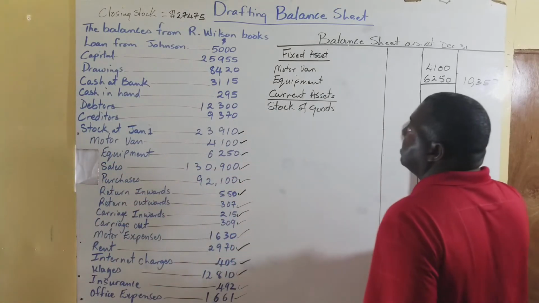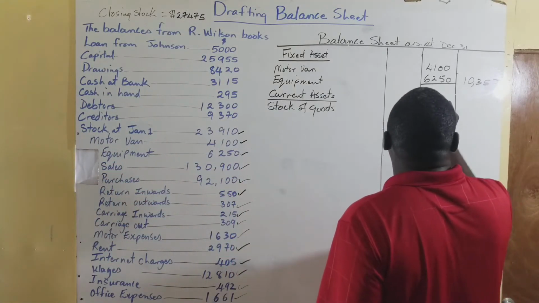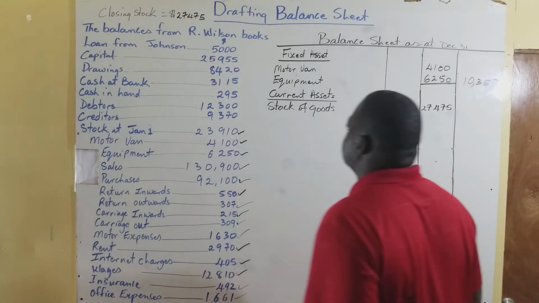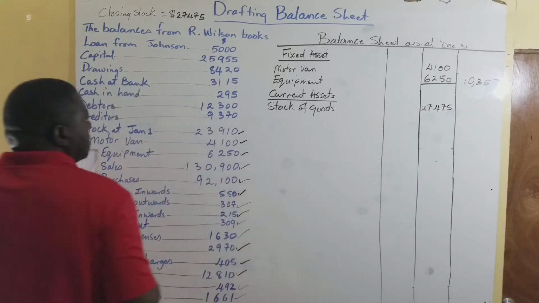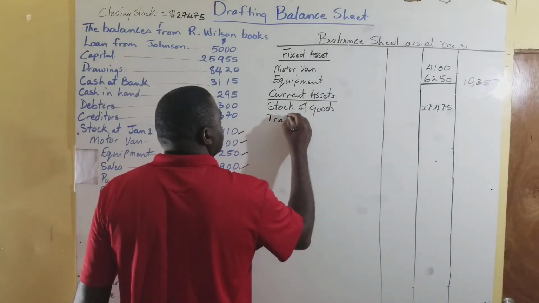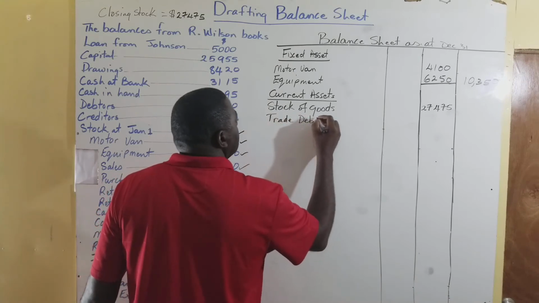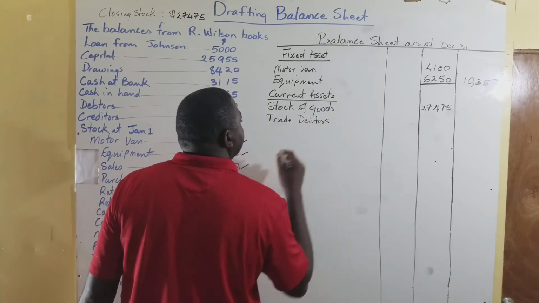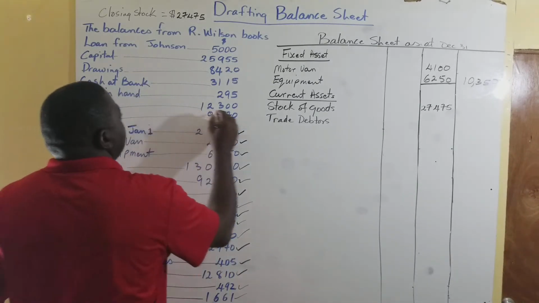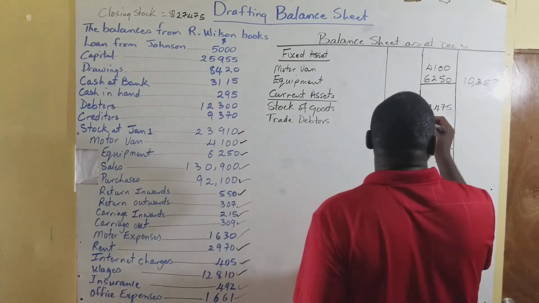So it is 27,475. Following that is our trade debtors. Another name for trade debtors would be accounts receivable. So that is 12,300.